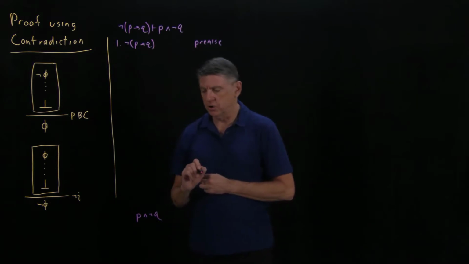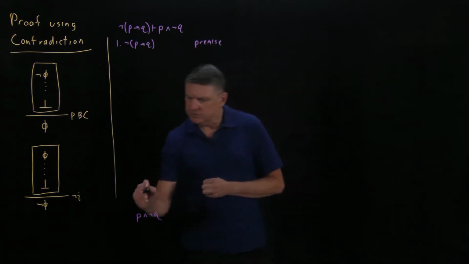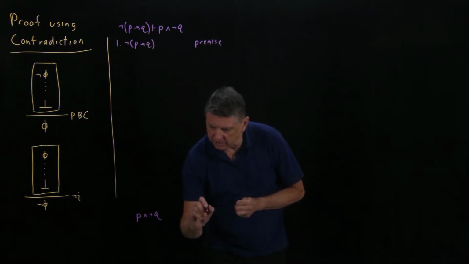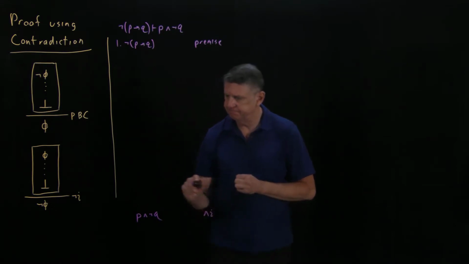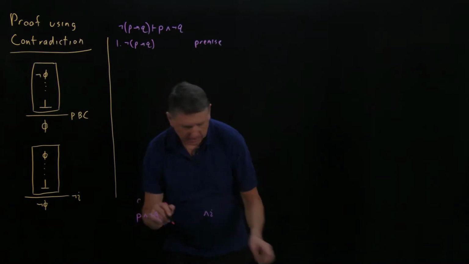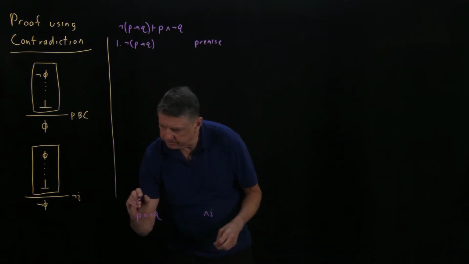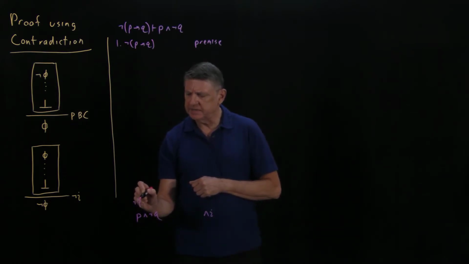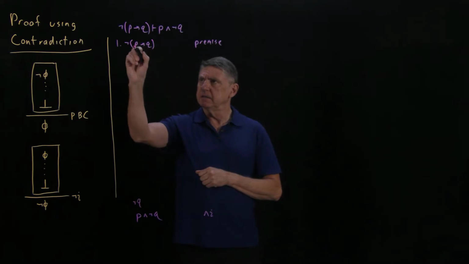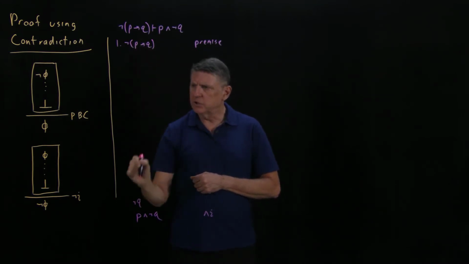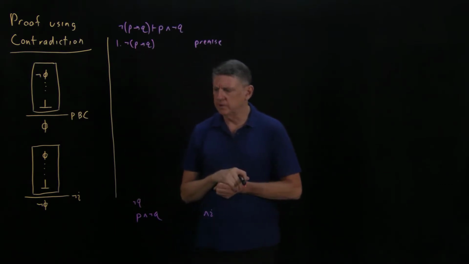Let's take the not Q part first. So what we know is that eventually we want to use conjunction introduction, and the previous line of this will have to be not Q. If we now have this as our goal and this as the only line that we've proved so far, it's not immediately apparent what we can do.